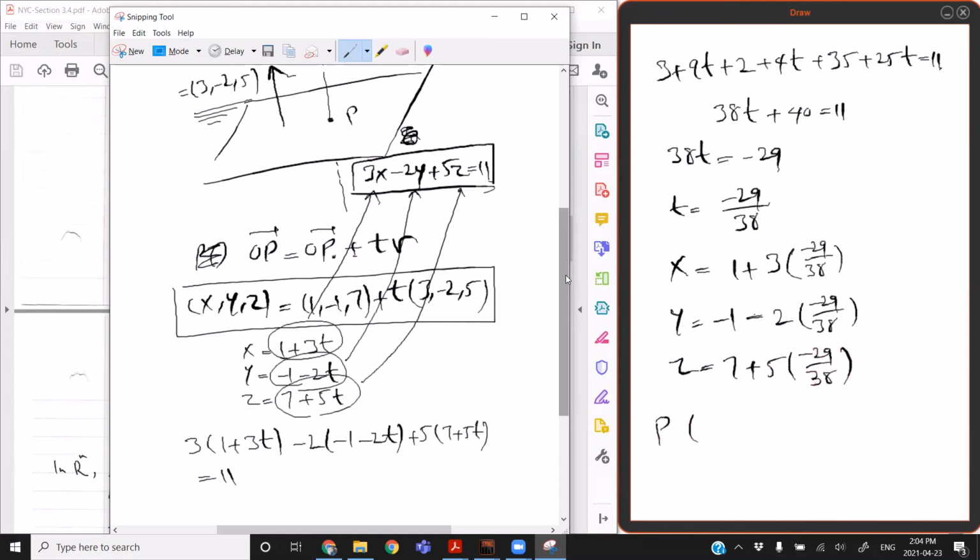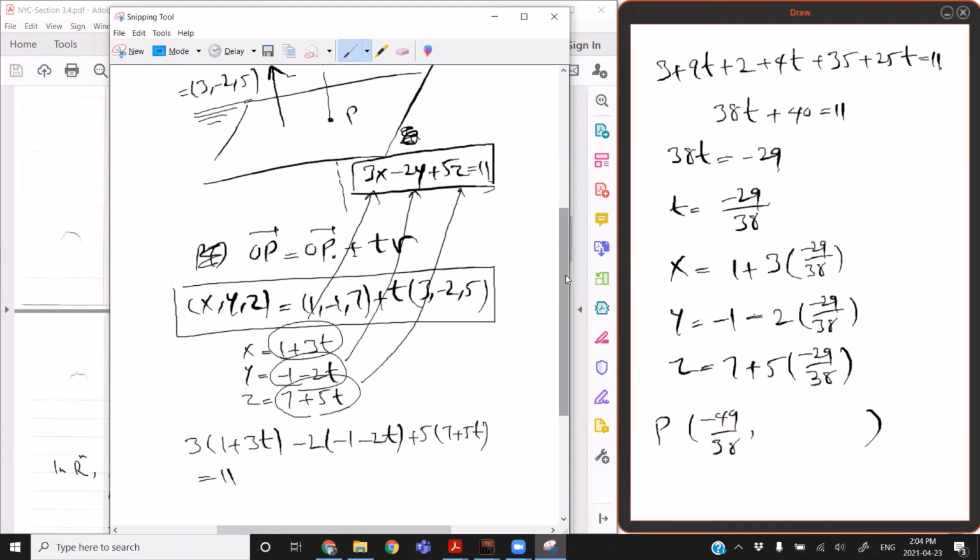So that point P, I'm going to use my calculator for this one. If I do 29 over 38 times 3, negative 3, plus 1, I get minus 49 over 38.